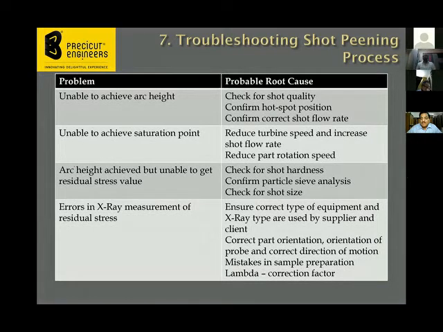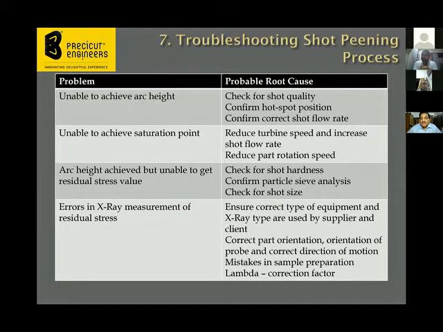Then sometimes, and this is a very typical problem which we see, everything is going as per requirement. We have achieved the arc height, we have achieved the saturation curve, everything is set, cycle times are set correctly, coverage is set correctly, but even after that we are not getting the stress values.